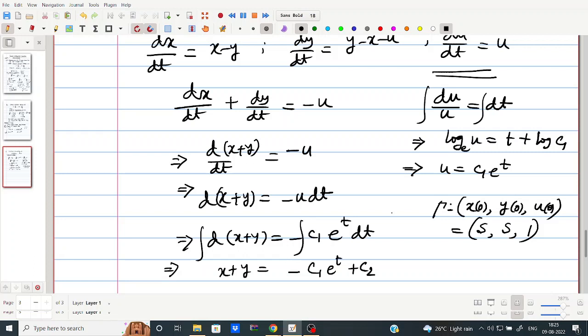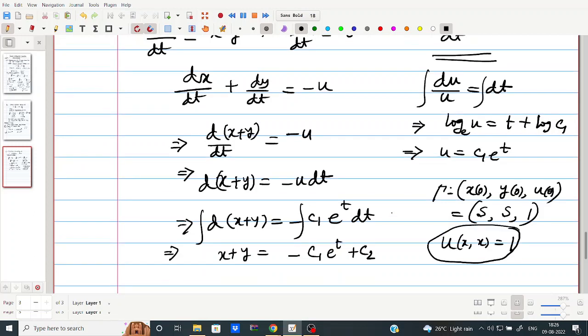So u(x, x) equal to 1 means initially I took x0 as s, put x equal to s, y equal to x, which is s again, and u0 is 1. This is called the datum curve, the initial curve.